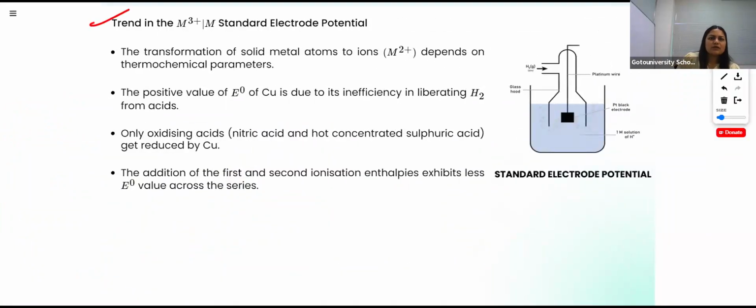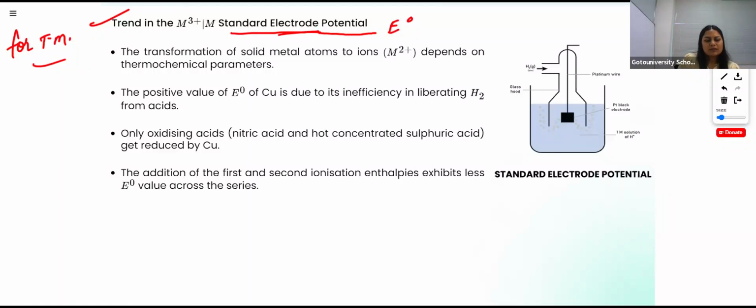Now let us quickly discuss one more tricky property of transition metals: the standard electrode potential, which we discussed in chapter 3, electrochemistry. Yesterday we discussed that it is represented by E naught, right?